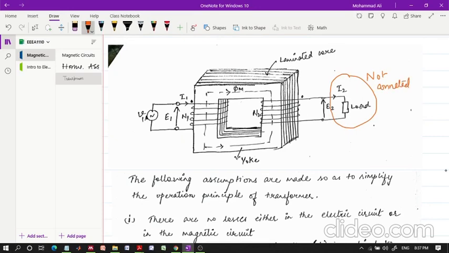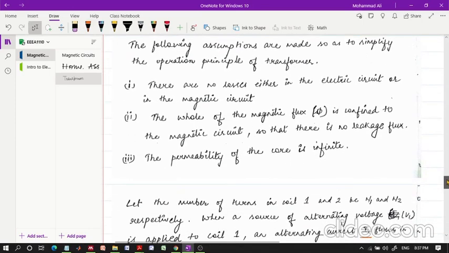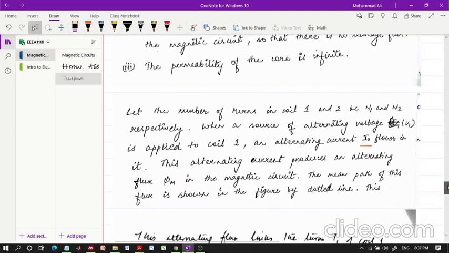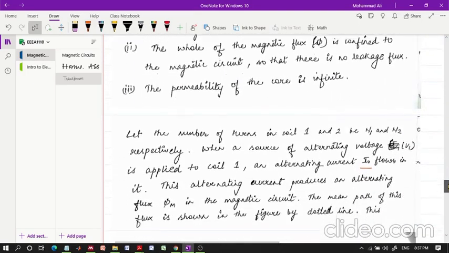So the current that will be flowing in the primary side is described as I0. This current is producing the flux.